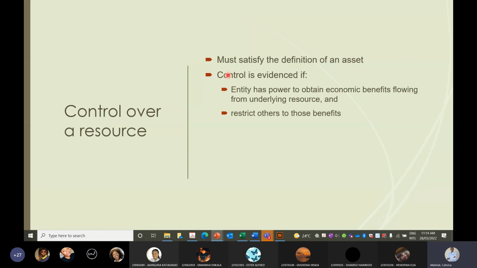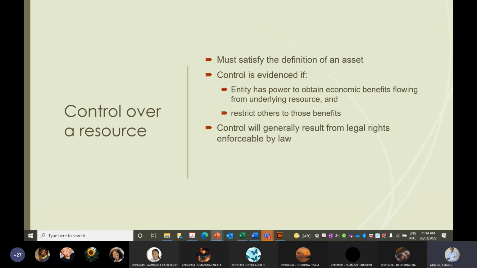So let's look at the aspect of control. Control is evidenced if the entity has the power to obtain economic benefits flowing from the underlying resource, and it has the power to restrict others from those benefits. So you have the right to obtain economic benefits from a resource, and you can also restrict others from actually benefiting from those benefits.